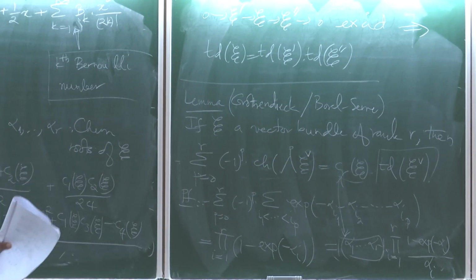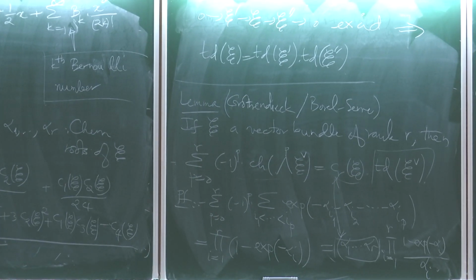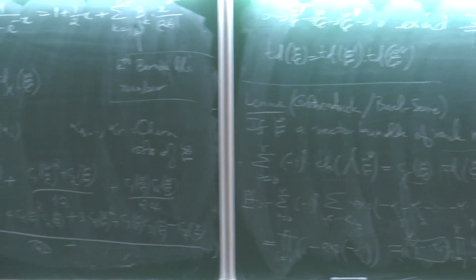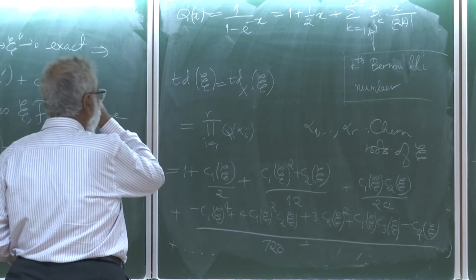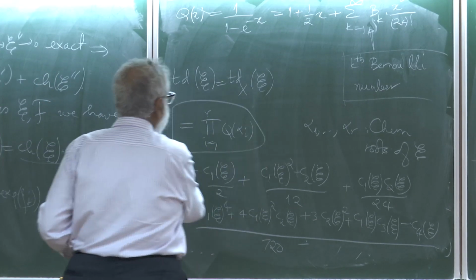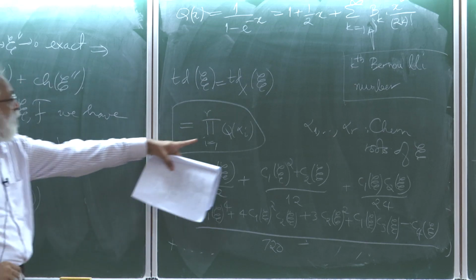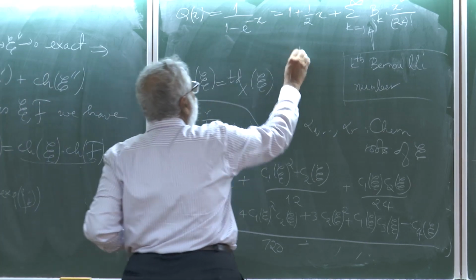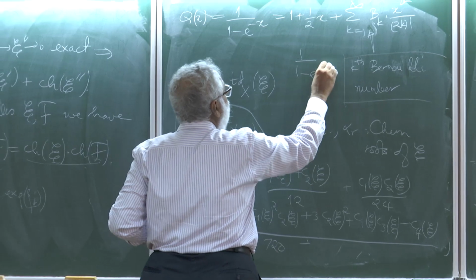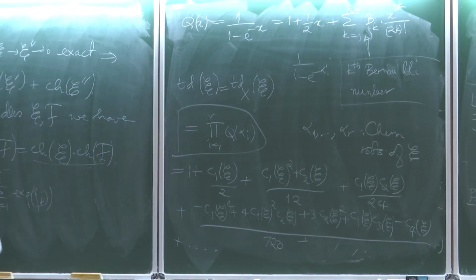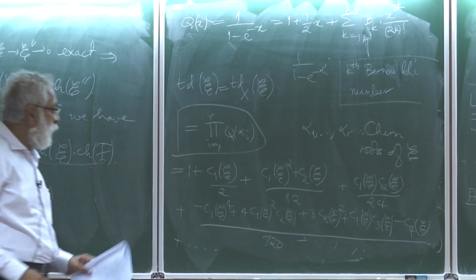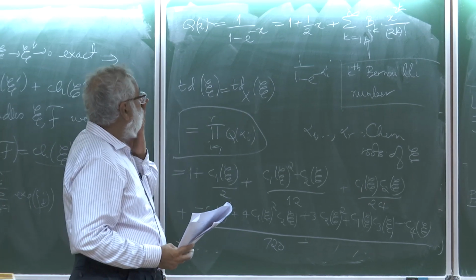And what was the Todd class? The Todd class said, take the Chern roots, where is the formula? Here. So Q of alpha i is just 1 upon 1 minus e to the minus alpha i. But what did I do here?